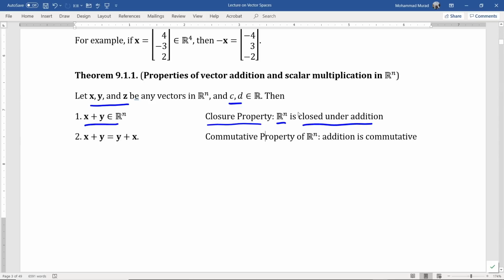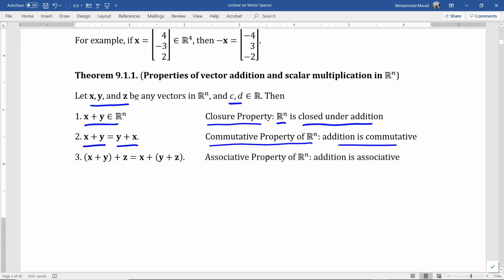Property 2. x plus y is equal to y plus x. This is called the commutative property of Rn. It means that the addition is commutative. Property 3. x plus y, plus z, is equal to x plus y plus z, regrouped.